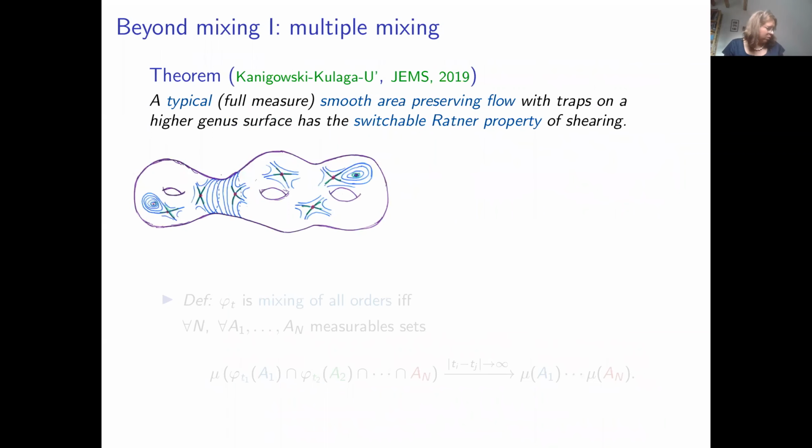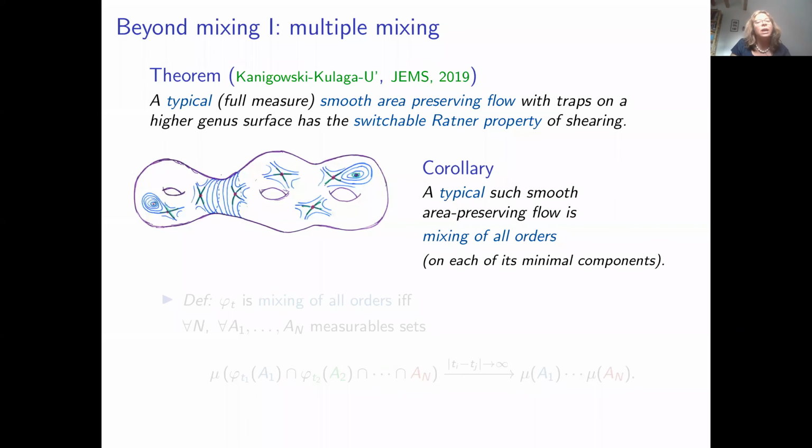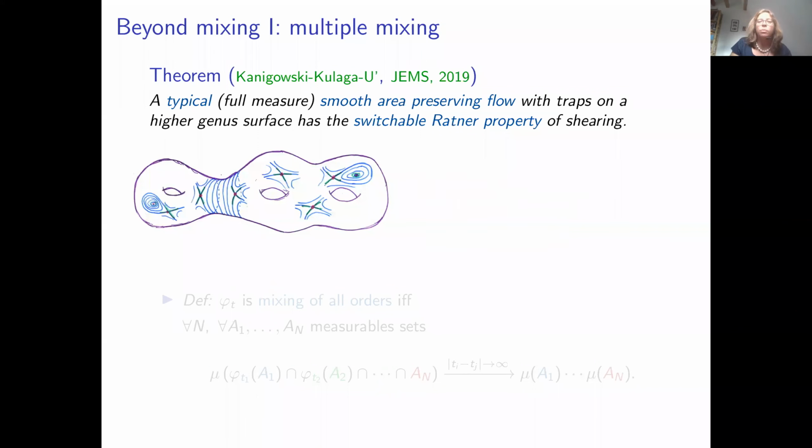Okay, so I want to mention some recent results that we had on understanding smooth area preserving or locally Hamiltonian flows. Together with Adam Kanigowski and Joanna Kułaga, we could prove that these flows with traps, these Novikov flows with traps, or locally Hamiltonian flows with these traps, enjoy the switchable Ratner property.